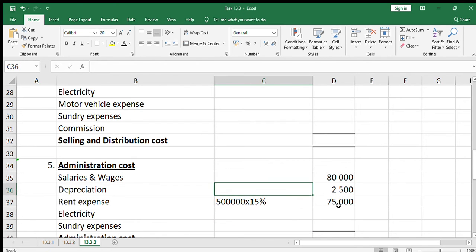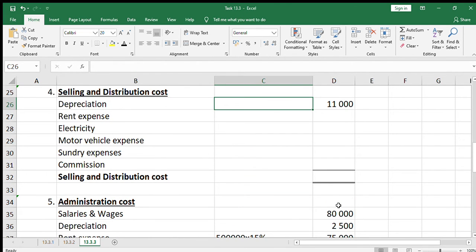Okay, and it says that the sales department occupies the rest. So the total percentage is 100%. The factory uses 60% and the office uses 15%. So you're just going to subtract it. 100 minus 60 minus 15, which is I think 25%, right?